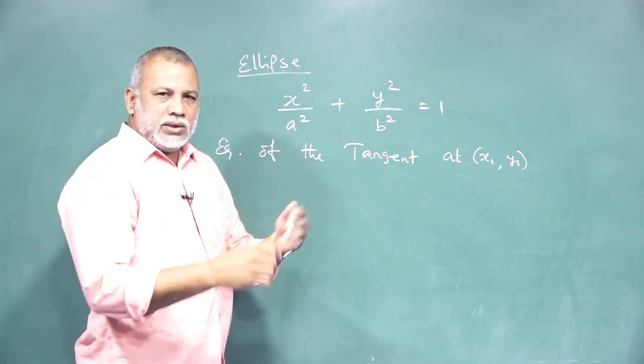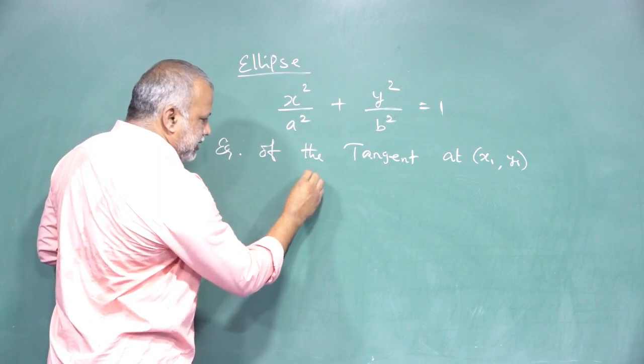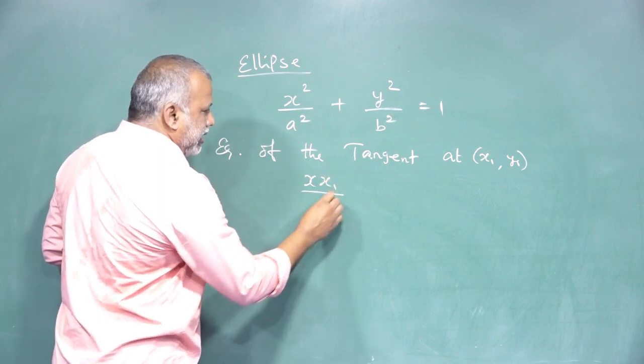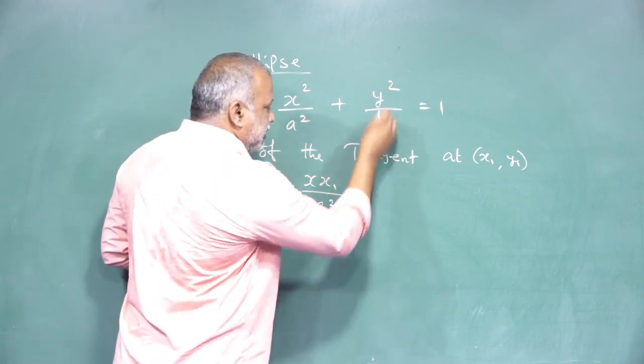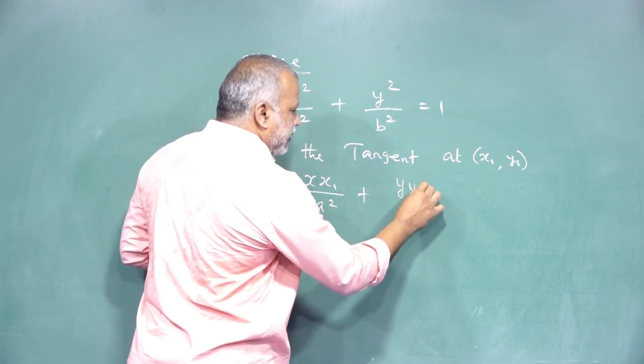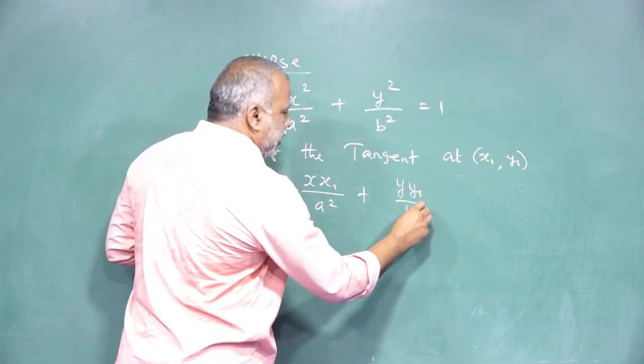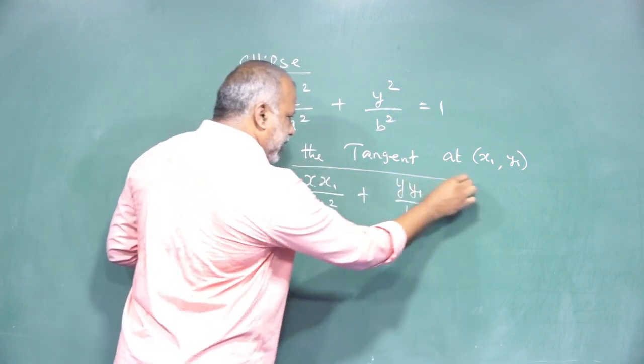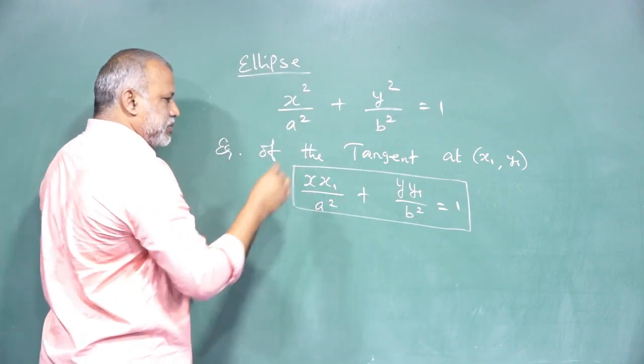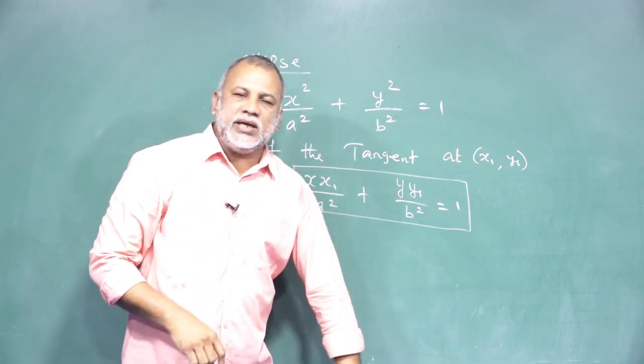We have a short procedure. x squared is replaced by xx1 by a squared, plus y squared is replaced by yy1 by b squared, equal to 1. So we get the simplest procedure to find the equation of the tangent.